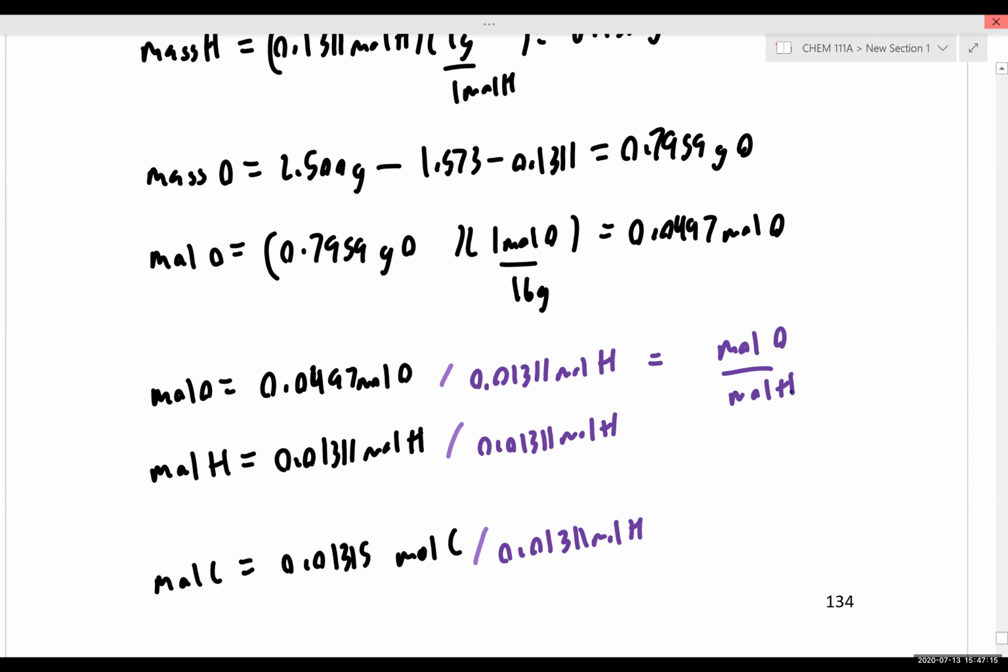Punching that into our calculator, we have 0.0497 over 0.01311. That gives us 3.79 moles of oxygen per mole of hydrogen.